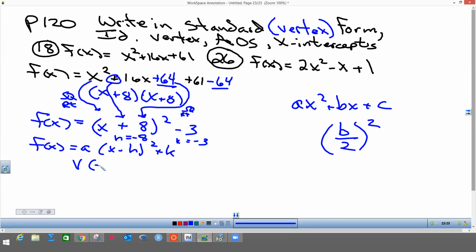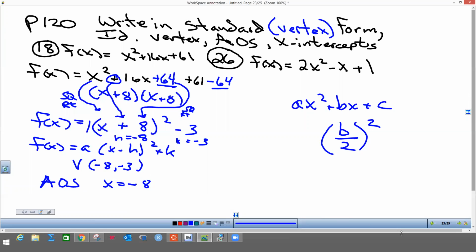So my vertex is -8, -3. Now there's an A value of 1 here, and something I didn't tell you that's written in there. If this leading number is a positive, this graph will open up. If this leading number is a negative, this graph will open down. But there's my vertex.